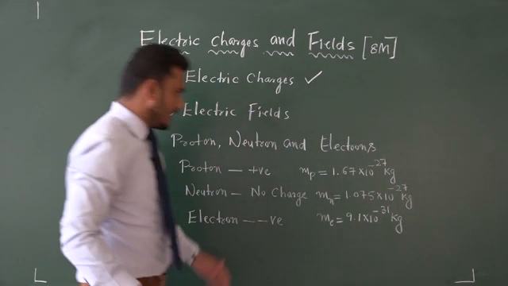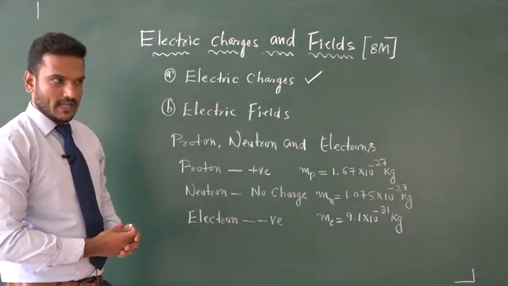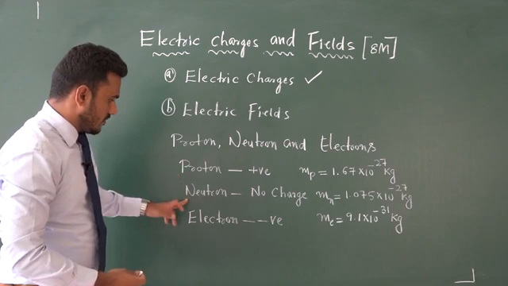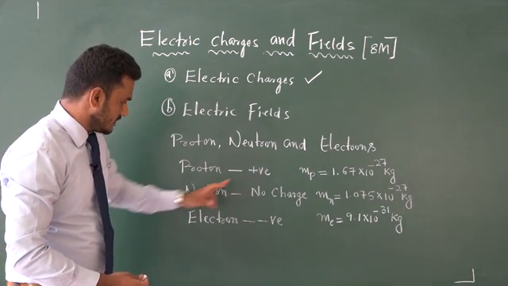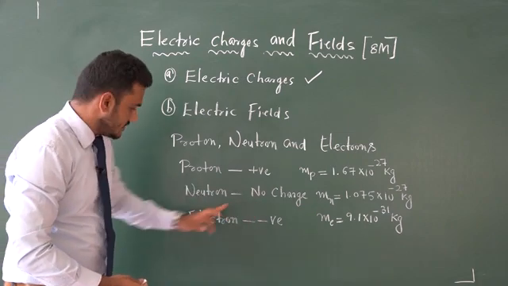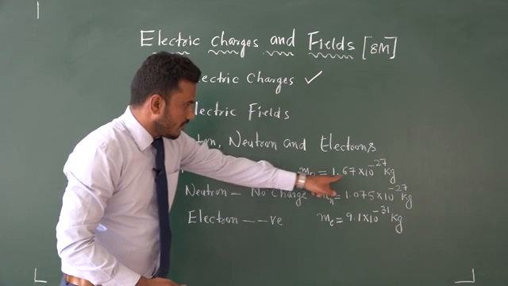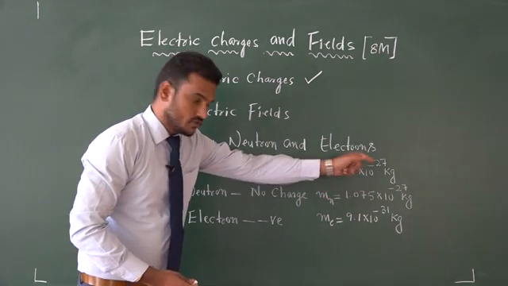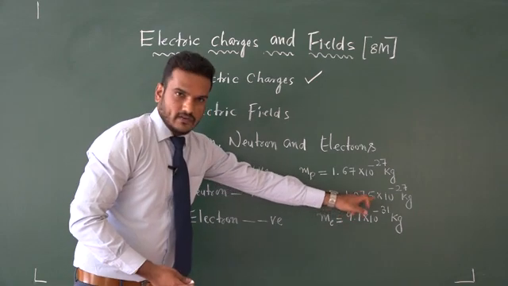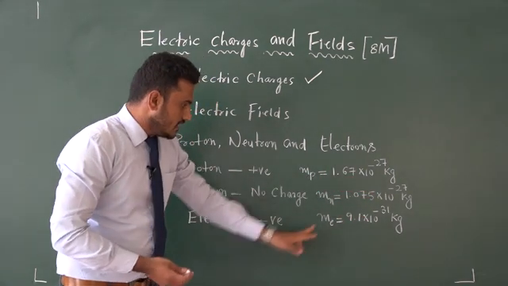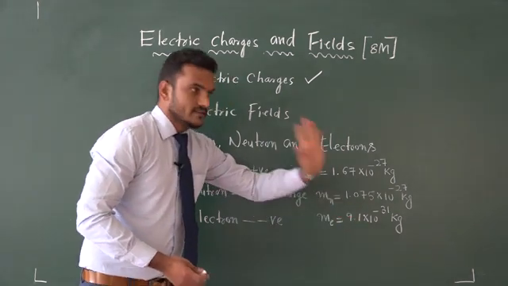So these are the basic properties of the three subatomic particles, namely proton, neutron and electron. Proton carries positive charge, neutron has no charge and electron has negative charge, and the masses are as given.